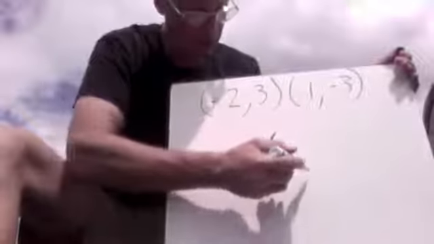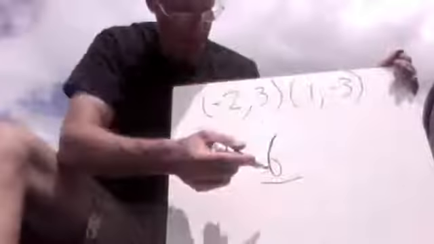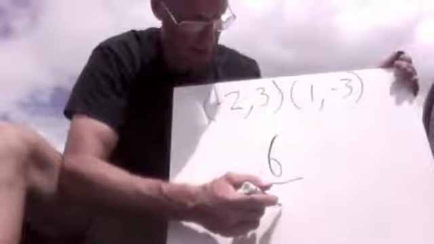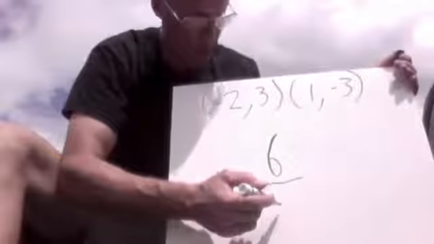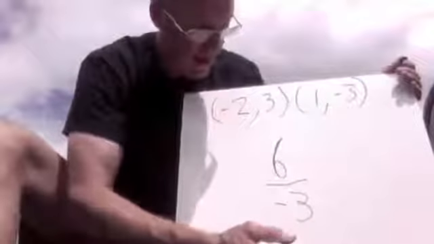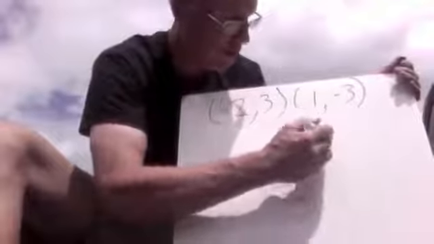Let's go 3 minus -3, which gives you 6. And since we went that way first, we have to do it again. -2 minus 1 is going to give you -1. Or sorry, -3. And that ends up giving you a slope of -2.